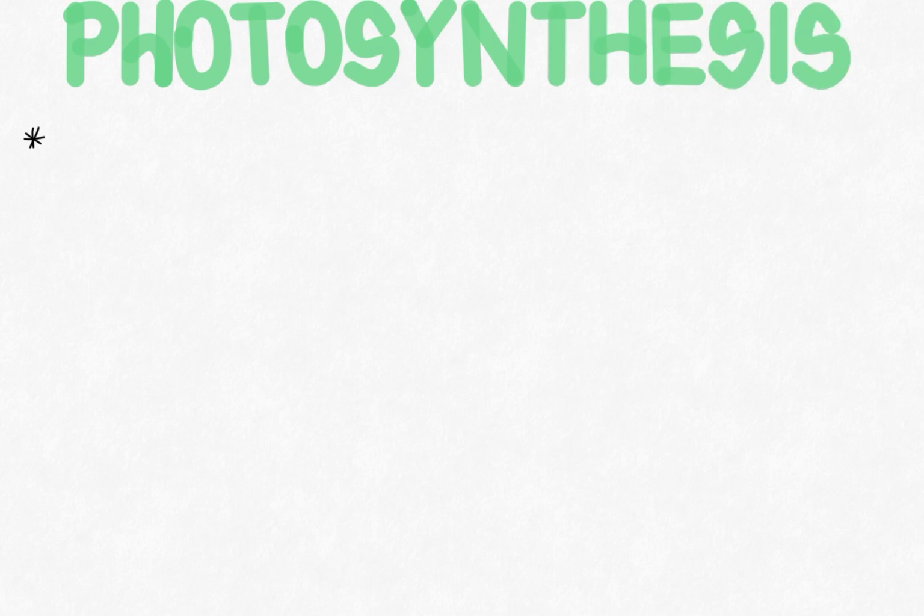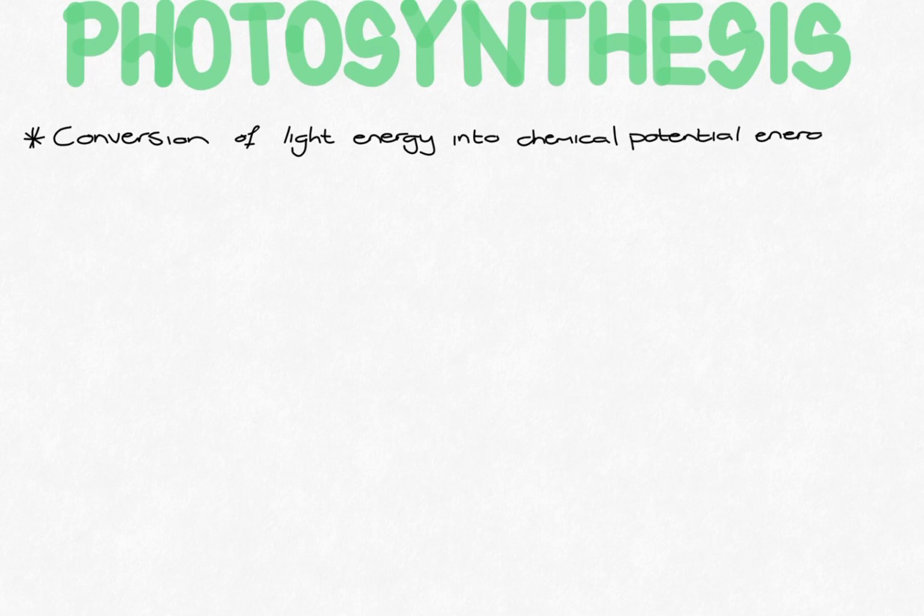And photosynthesis is a biological process. It's the process by which plants make potential chemical energy in the form of glucose. So plants use light energy that they get from the sun and then turn it into glucose as well as oxygen. Now, photosynthesis does occur in plants as well as photosynthetic algae and even some bacteria.